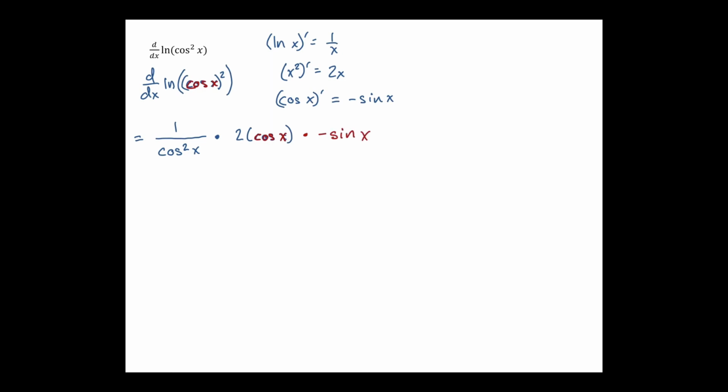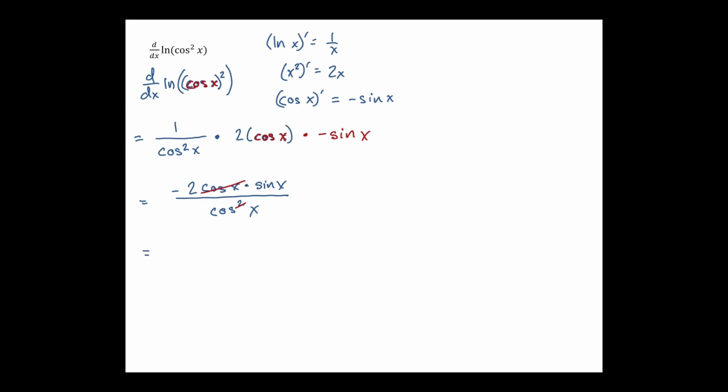Of course, clean this up a little bit. The negative and the sine and the 2 and the cosine all stay on top. So we have negative 2 cosine of x times sine of x. And then in the denominator, you have cosine squared of x. And again, if you notice, this cosine cancels with one of the cosines in the denominator.